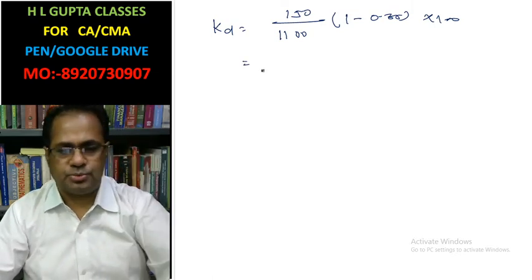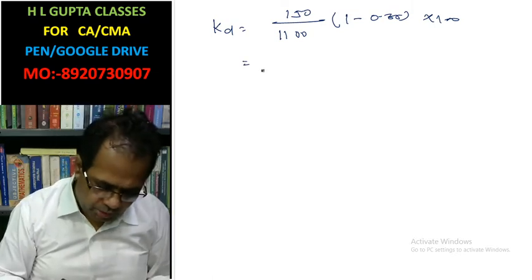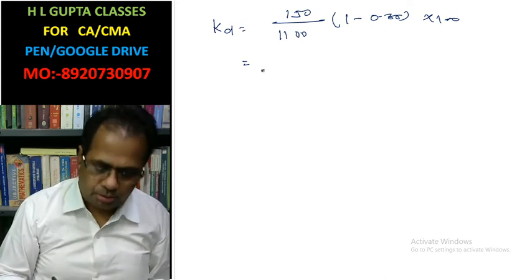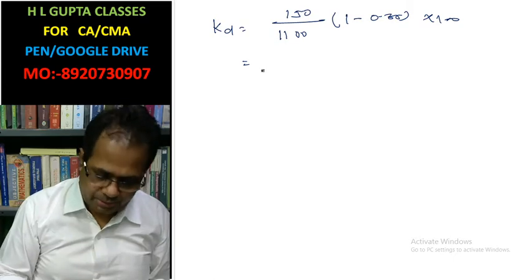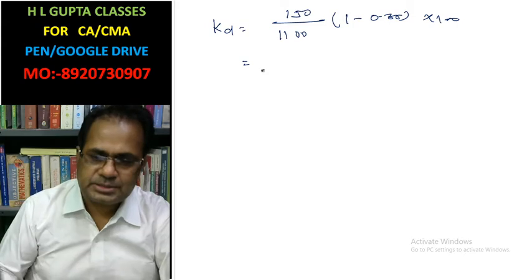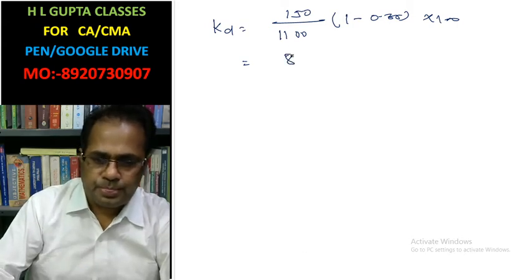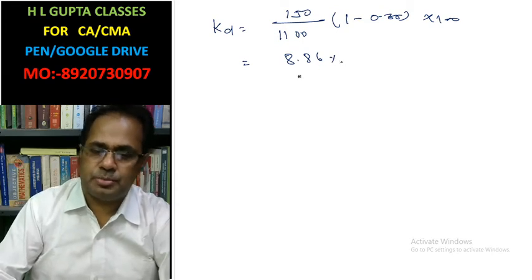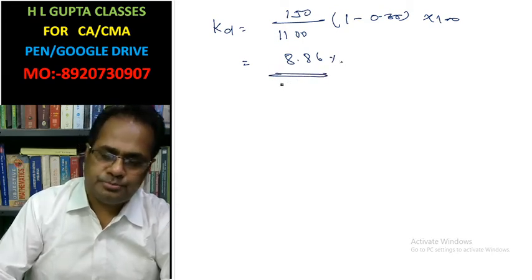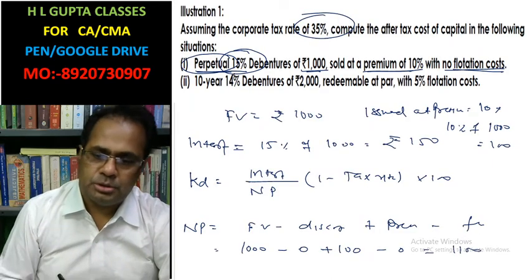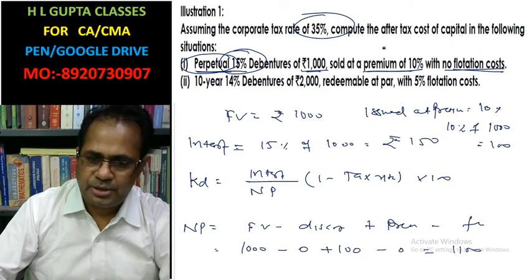So we can calculate 150 divided by 1100 into 0.65 into 100, that is 8.86%. This is the cost of debt. The answer of the first case is 8.86%.